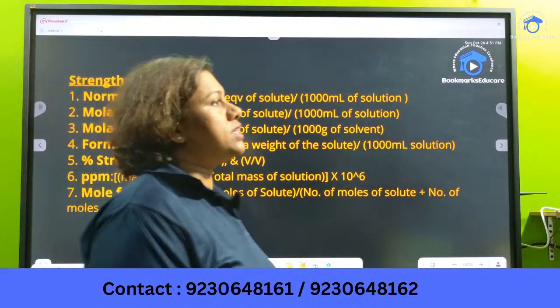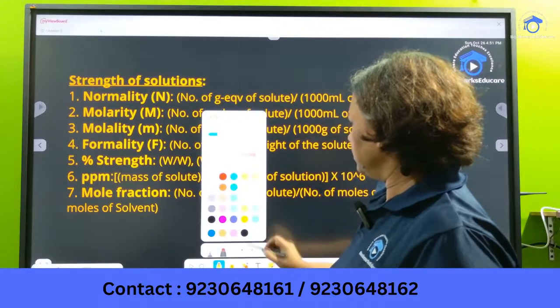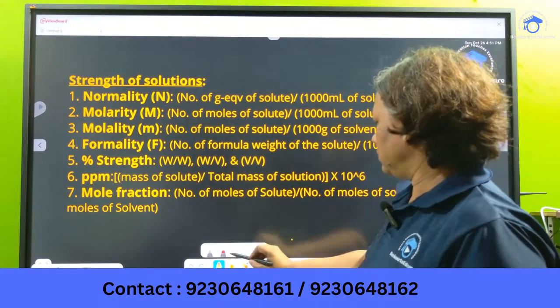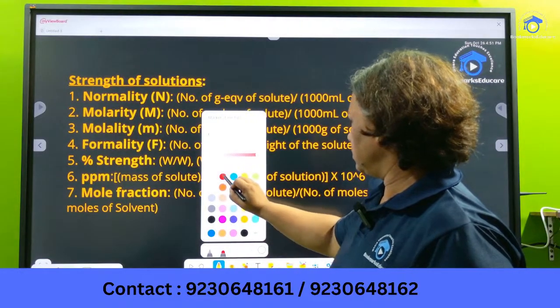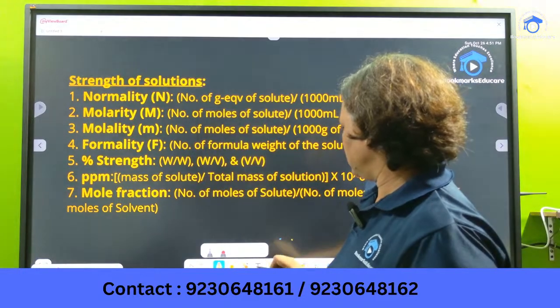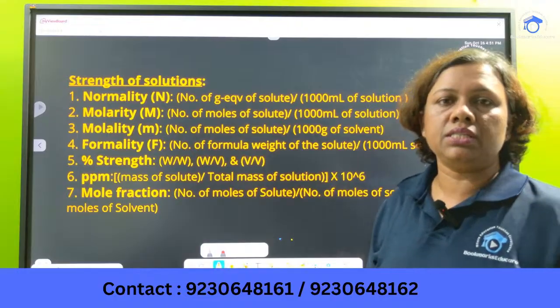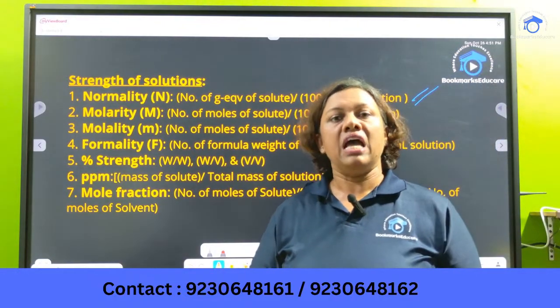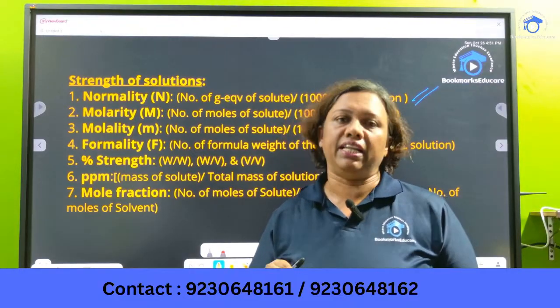Okay. Now, first, what is normality? So, this is normality. Normality means in 1000 ml solution, the number of gram equivalent weight of solute present in it.